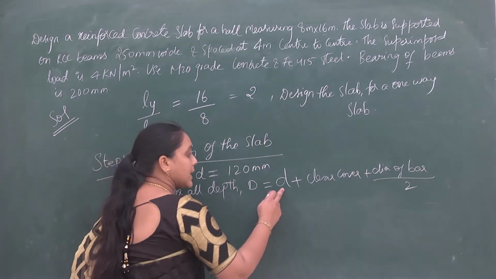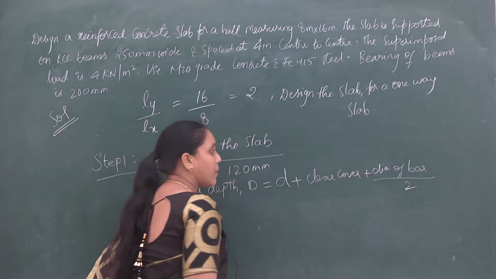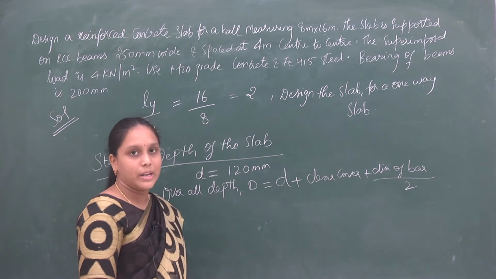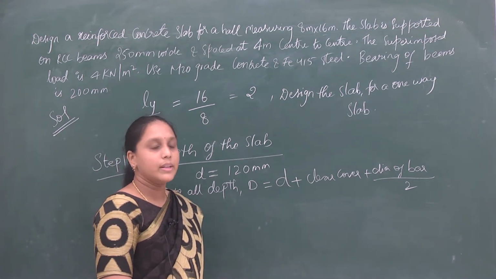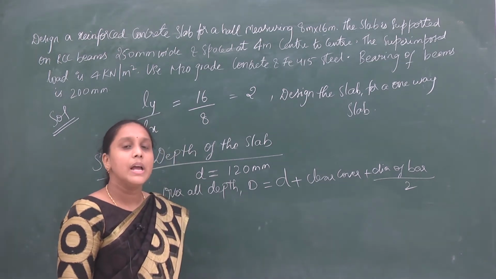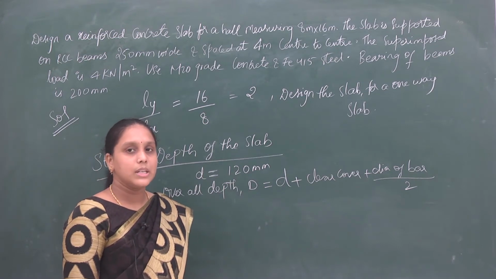So we have already calculated the effective depth. Now what we have to know is the clear cover and the dia of bar. So for that I am assuming a clear cover of 25 mm, and let us provide the dia of the bar as 10 mm, because mostly in slabs 8 mm, 10 mm and 12 mm diameter bars are used as the reinforcement.